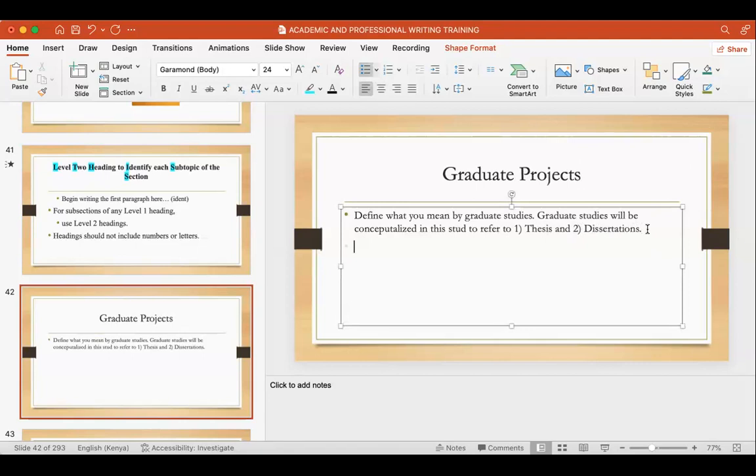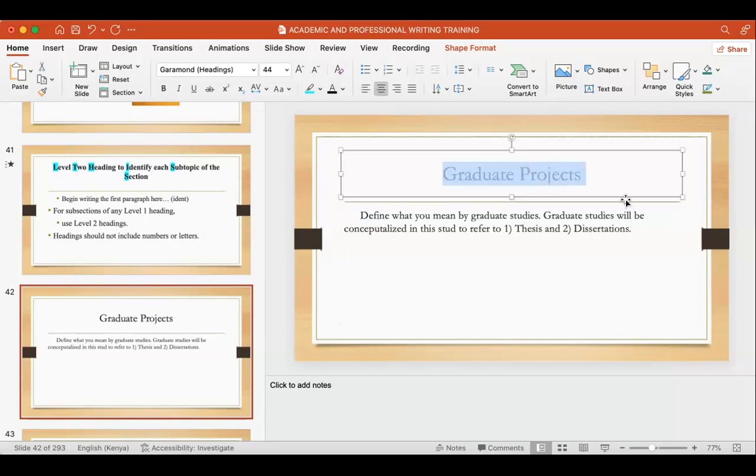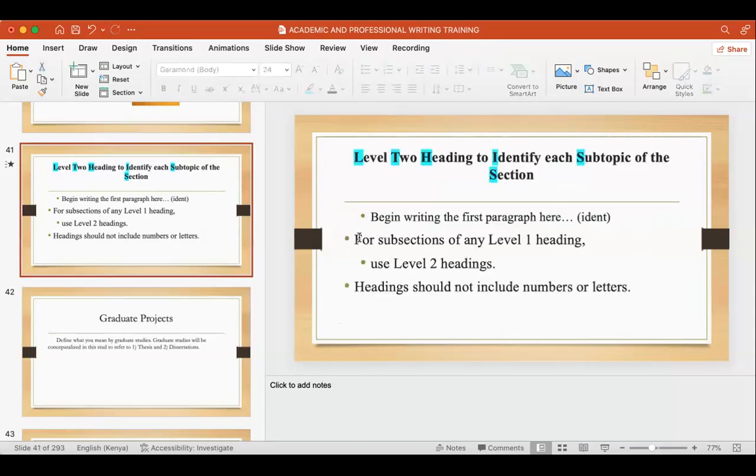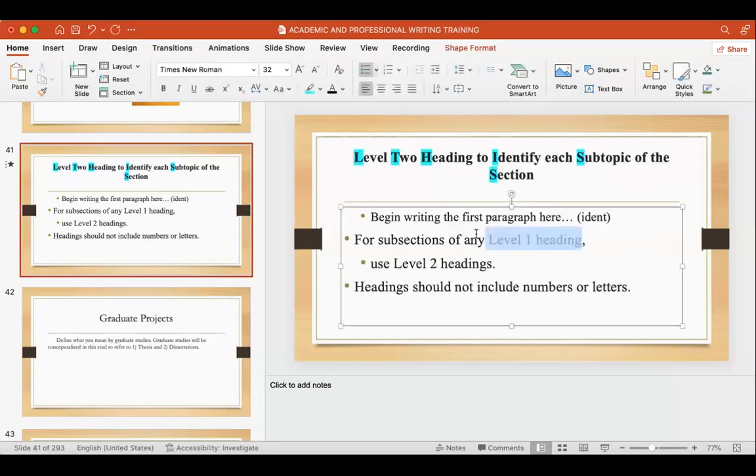So now, because I have introduced what it is that I'm going to talk about in this study, remember this is starting as an indent. And this is level 1 header. And we're saying level 1 headers, this is exactly what you're saying here. Use level 2 headings as you progress.